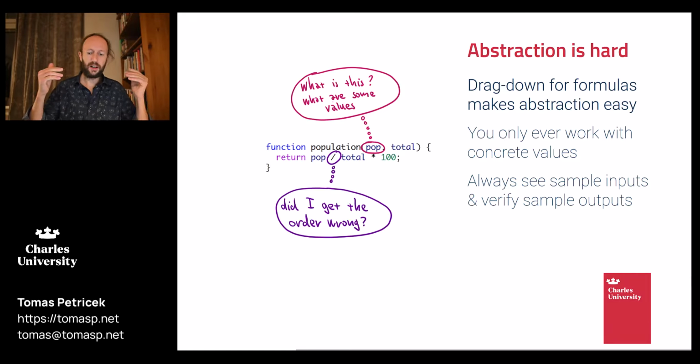But when you're writing a function, all you work with are these variables. They're sort of symbolic values that represent some value, but you have no idea what actual values you will get. And this means that you don't see which value is the bigger one and which way you should divide things.